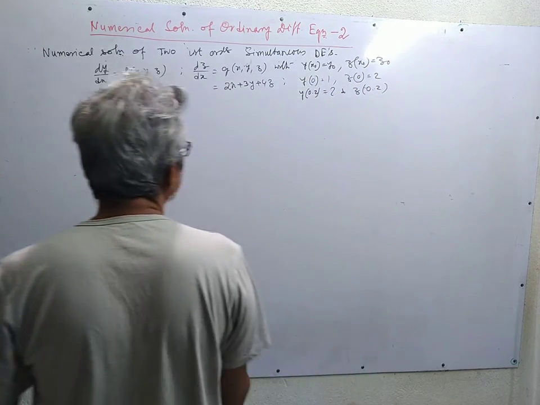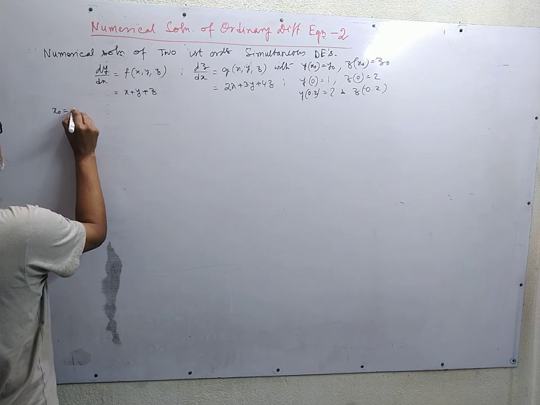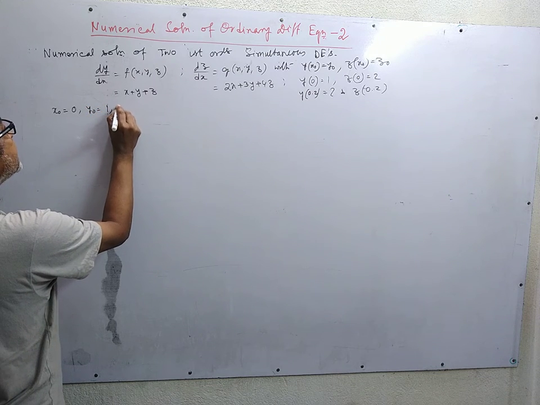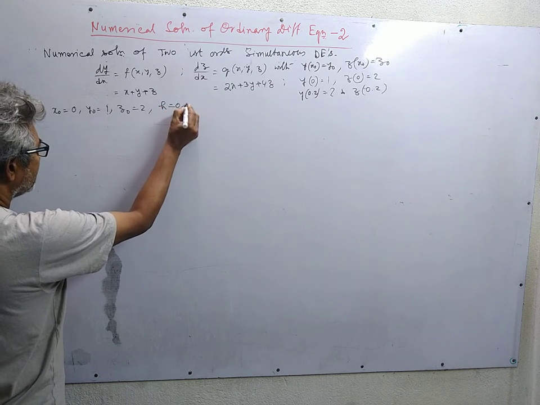So we have x0 is equal to 0, y0 is equal to 1, z0 is equal to 2, and h is equal to 0.2.